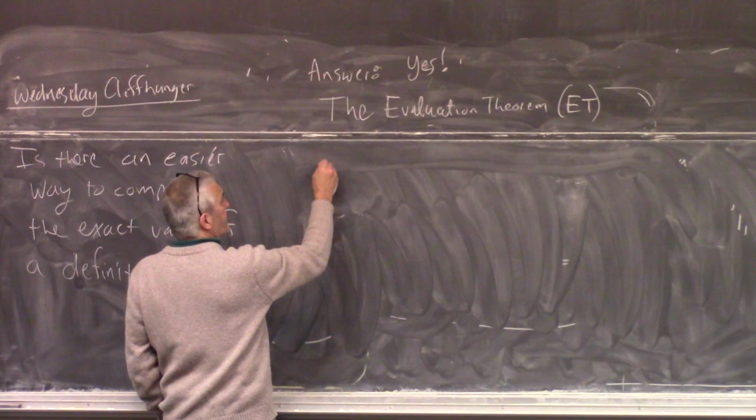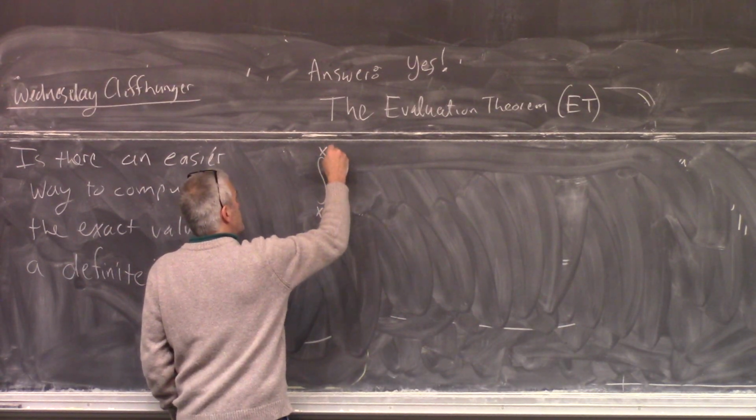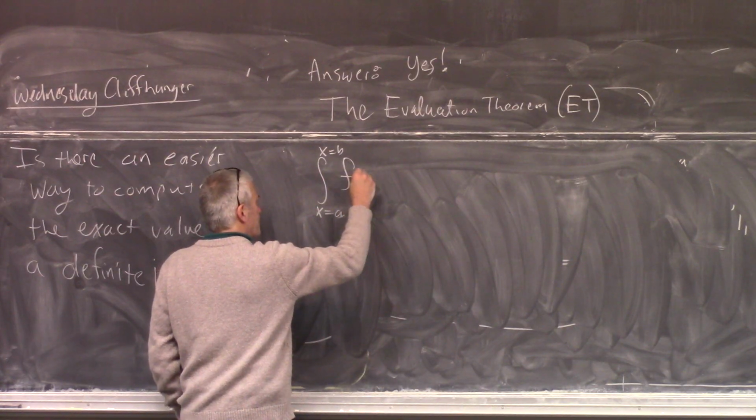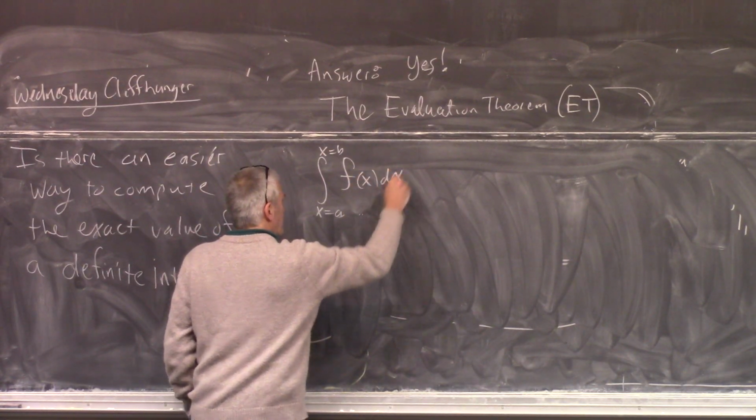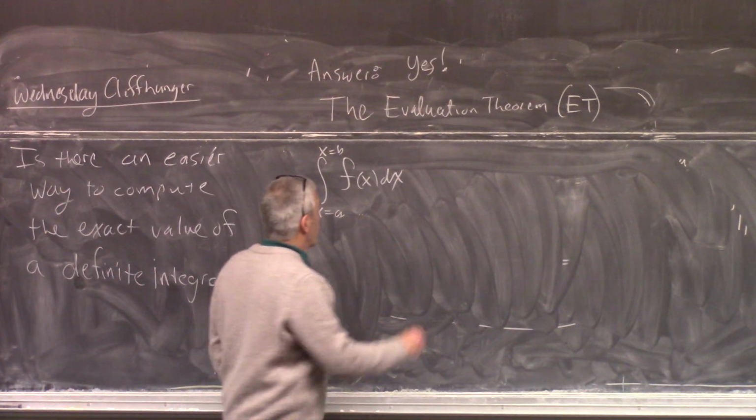So the evaluation theorem says this. That's the definite integral of f of x from x equals a to x equals b.